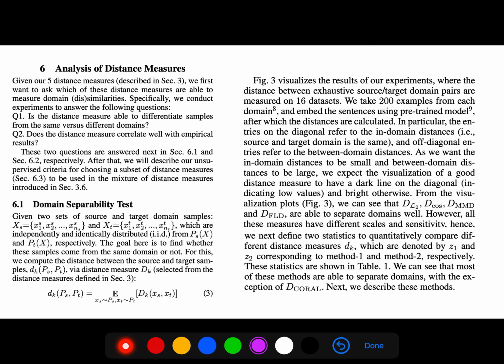And then we have the domain separability test: given two sets of source and target domain samples, which are independently and identically distributed, the goal is to find whether these samples come from the same domain or not. For this, we compute the distance between the source and the target samples.